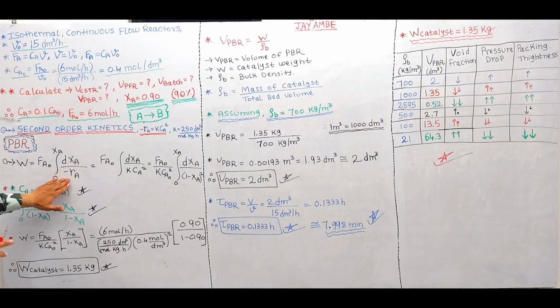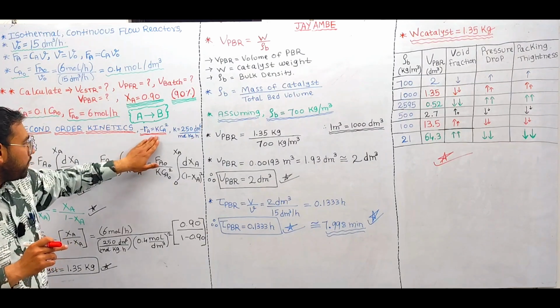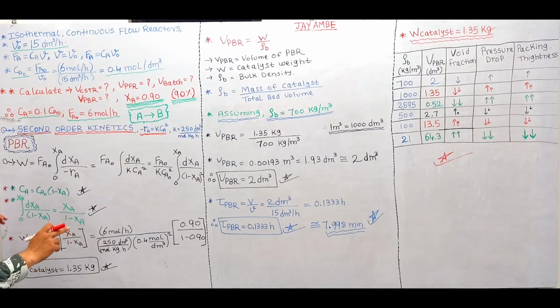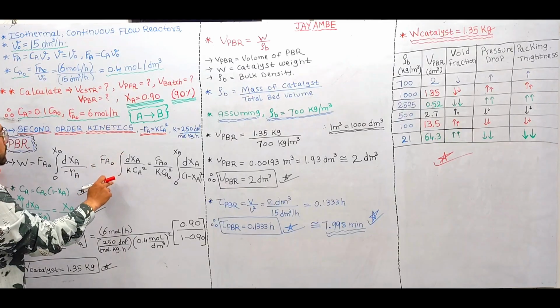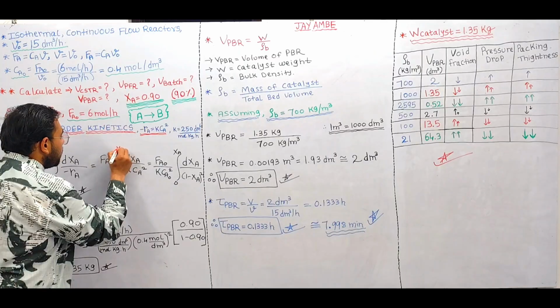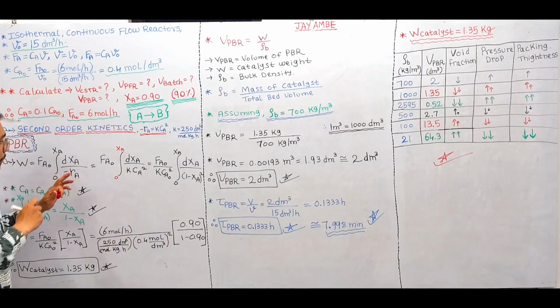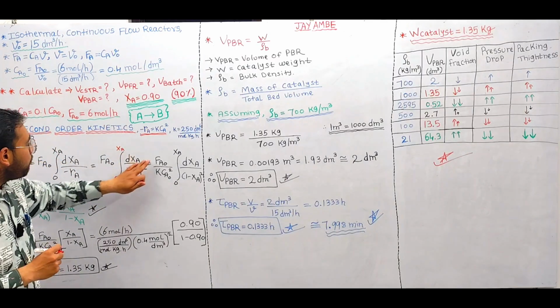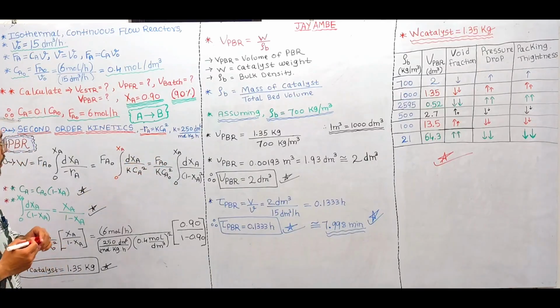Now in the place of minus Ra, we are going to substitute the given rate law, minus Ra is equal to K Ca square. So dXa upon minus Ra, we are substituting by K Ca square, right?